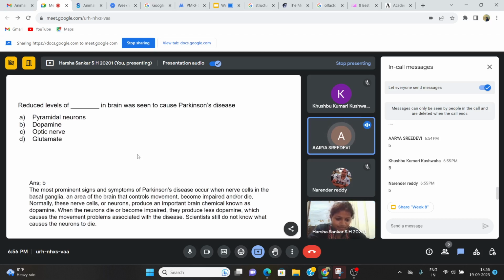L-DOPA is a precursor to dopamine, which can cross the blood-brain barrier, reach the brain, and convert to dopamine wherever required. Yes, very good. Levodopa is a precursor of dopamine. We cannot give dopamine directly because it cannot cross the blood-brain barrier, but levodopa can, and thus it will help treat the disease.